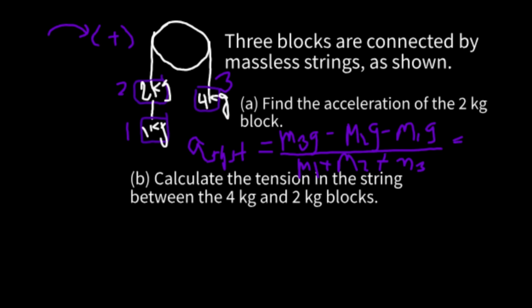Alright, you could pull g out, so then you would have 10 times 4 minus 2 minus 1 divided by 4 plus 2 plus 1. And that will give an acceleration of approximately 1.429 meters per second squared.